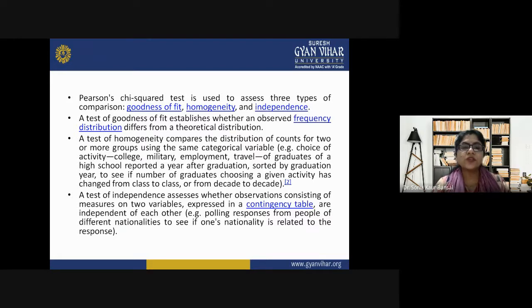So a test of goodness of fit establishes whether an observed frequency distribution differs from a theoretical distribution, what you have decided in your null hypothesis.